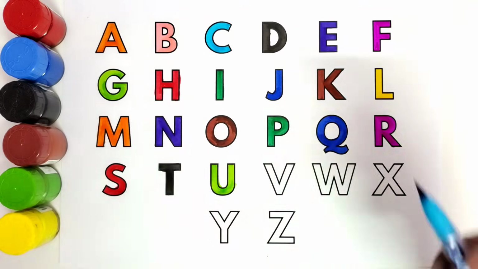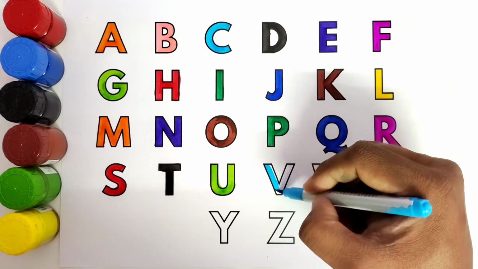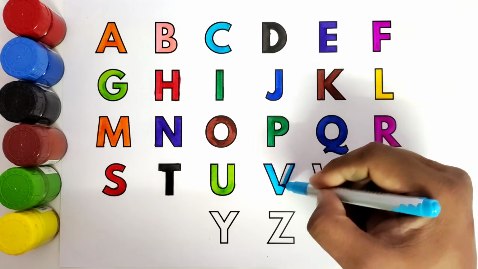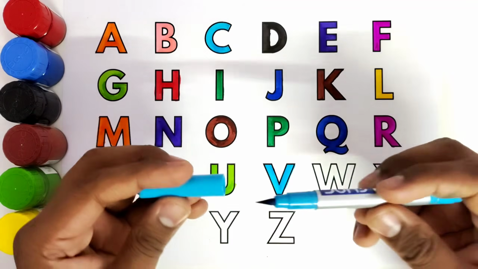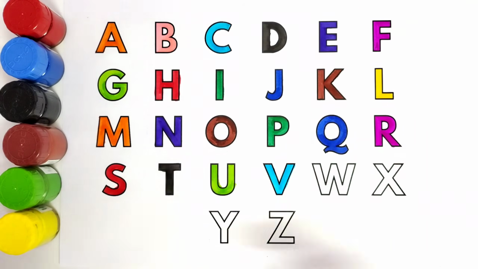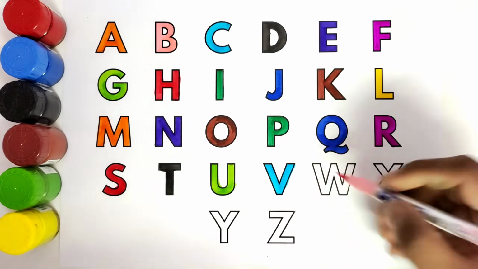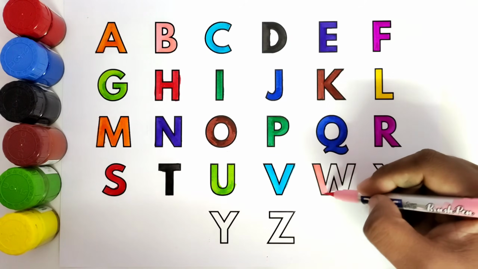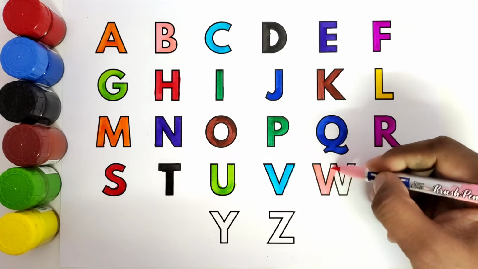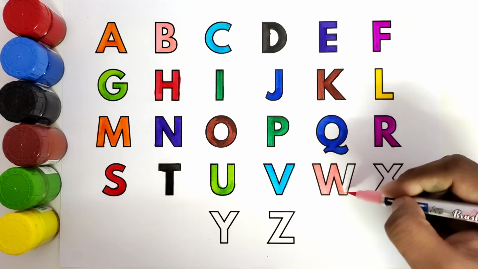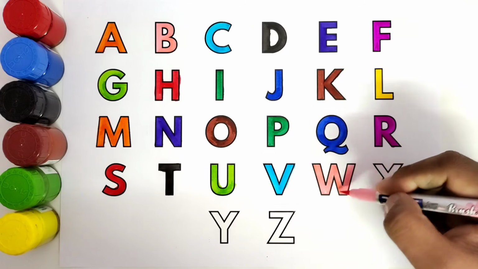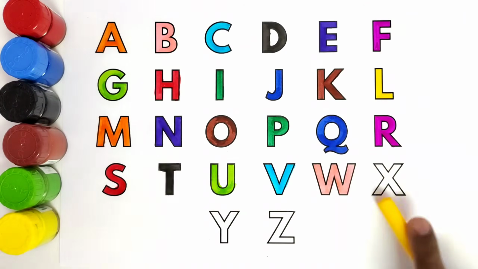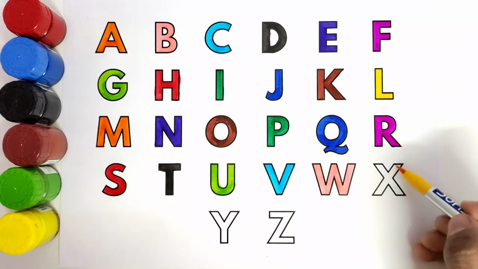V. V for van. V for van. W. W for watch. W for watch. X. X for xylophone.